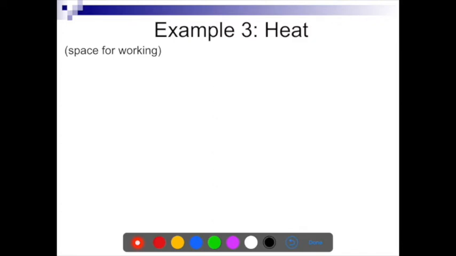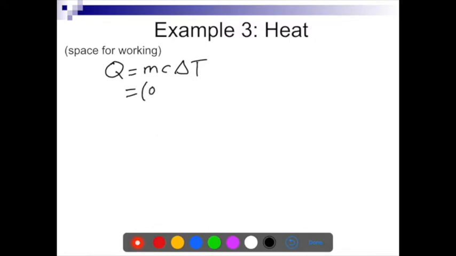Okay, so we've seen earlier in the previous slide that Q, the amount of heat needed to change the temperature of an object, is equal to mc delta T. Okay. And we have everything that we need to solve this equation.